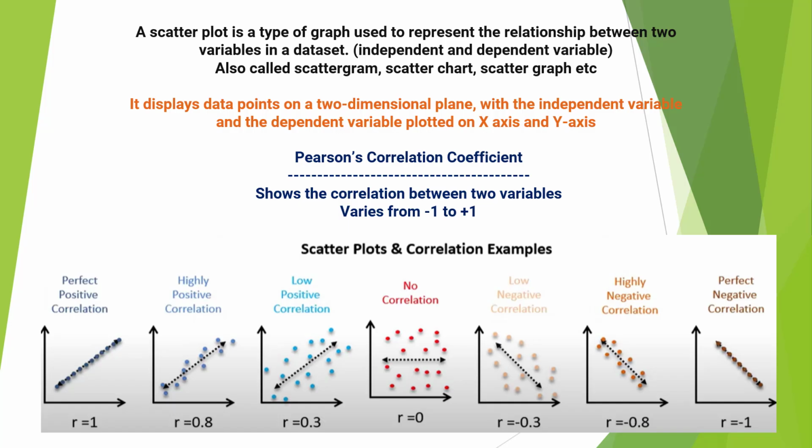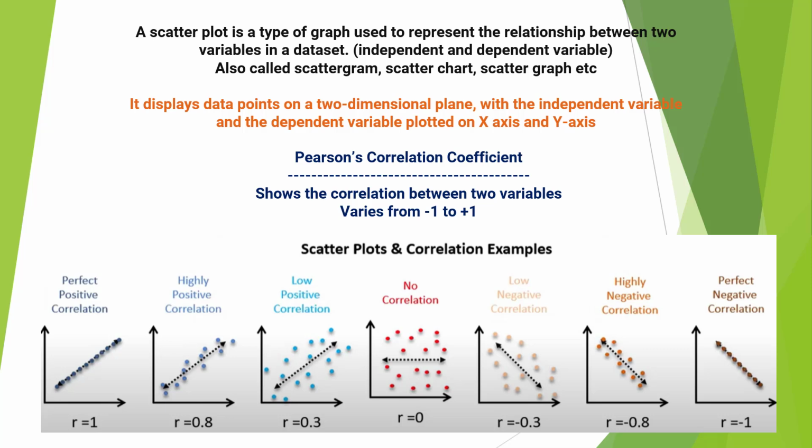What negative correlation means is that if there is a change in the value of X, there will be a change in the value of Y as well, but in the opposite direction. Say for example, the stock market. If there are two different stocks, stock X and stock Y, if the value of stock X increases, the value of stock Y decreases.